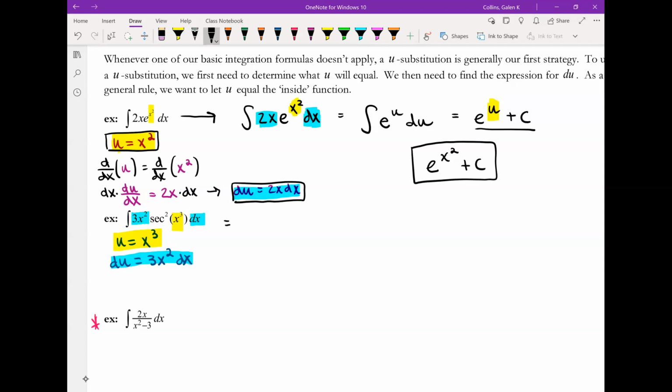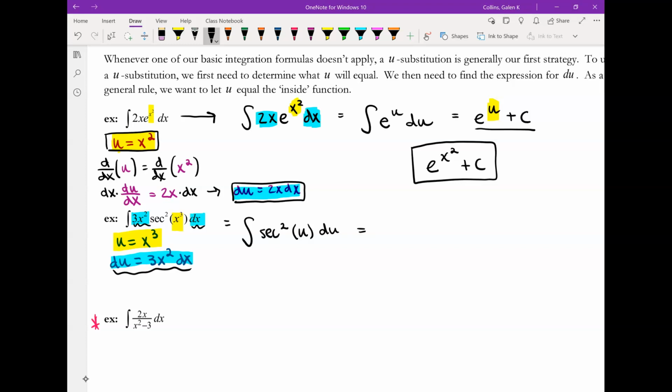So when I rewrite my integral in terms of u, I still have the secant squared. We didn't substitute anything for the secant function, but now it's the secant squared of u, and the 3x squared and the dx gets replaced with du. So now we use our antiderivative rules.